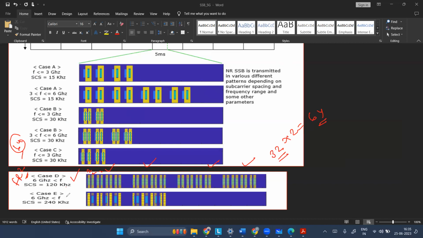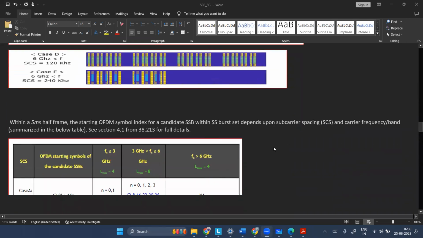And we have the case where SCS is 240 kilohertz. Again, the number of SSBs would be 64 only, but again they would be tightly coupled in the time domain. So for FR1 we have 4 and 8 SSBs, for FR2, 64 SSBs, but it is not necessary for the eNodeB to send all the SSBs.